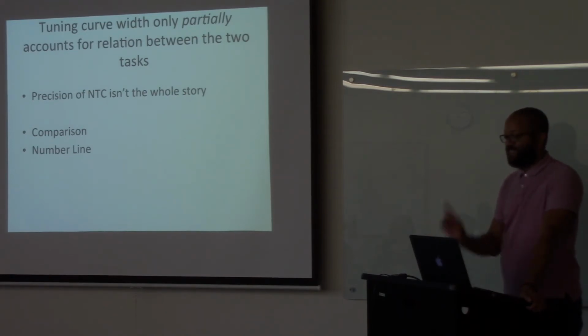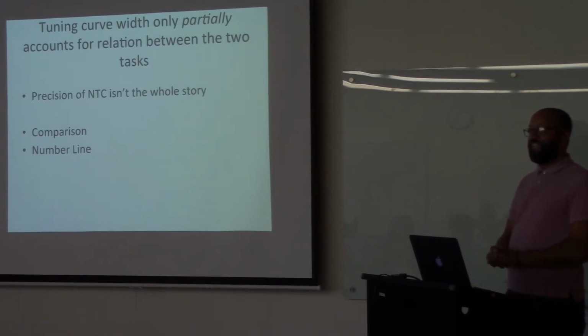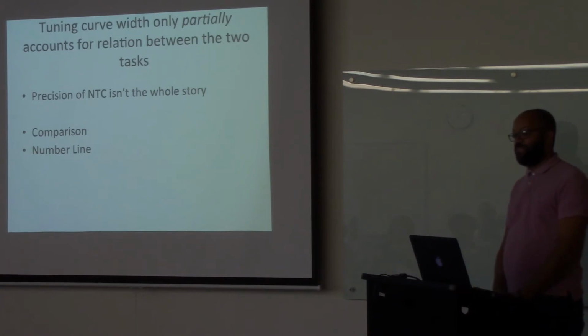So let me get to what I have later, because it actually addresses some of that. What I shifted to doing instead is going back down and thinking about these two tasks a little more deeply. Part of the use of a computational model is trying to link a lot of different things.